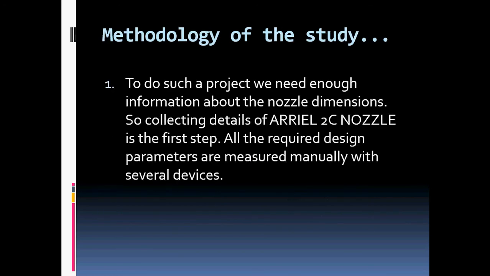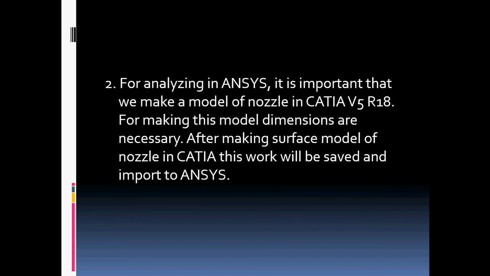The methodology of the study. To do such a project, we need enough information about the nozzle dimensions, so collecting details of the Ariel 2C nozzle is the first step. All the required design parameters are measured manually with several devices. For analyzing in ANSYS, it is important that we make a model of the nozzle in CATIA V5.